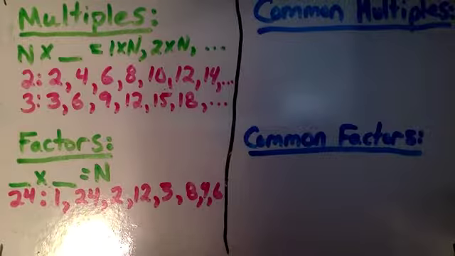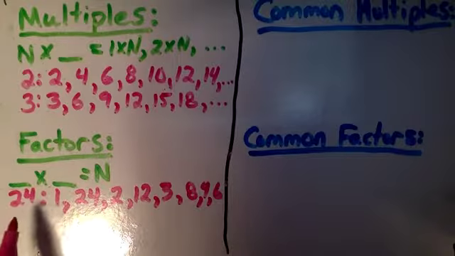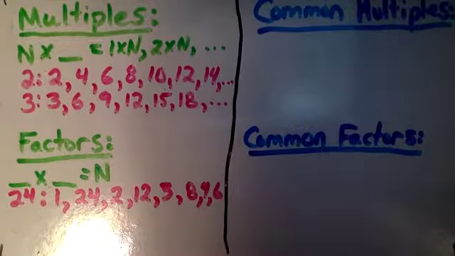So you can do the math, but you'll find out that none of those are factors of 24. So for 24, we have all of our factors listed right here.